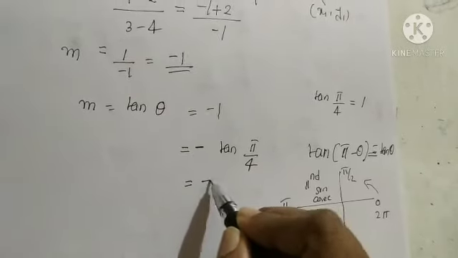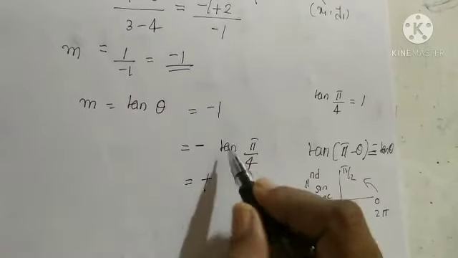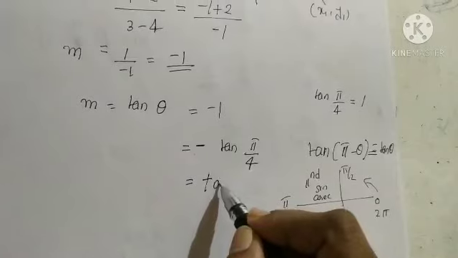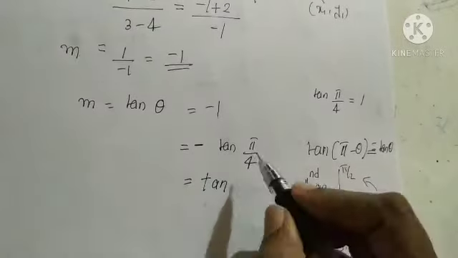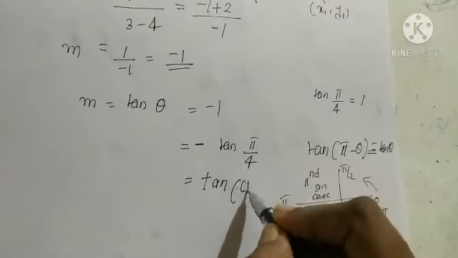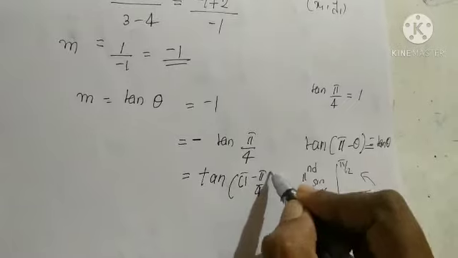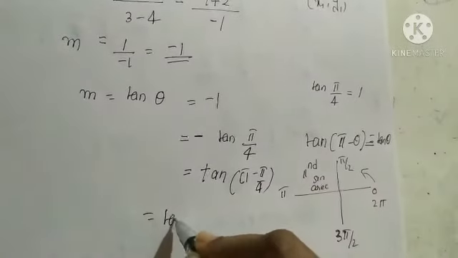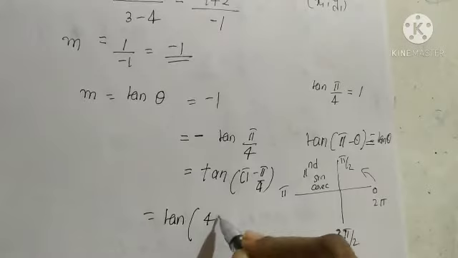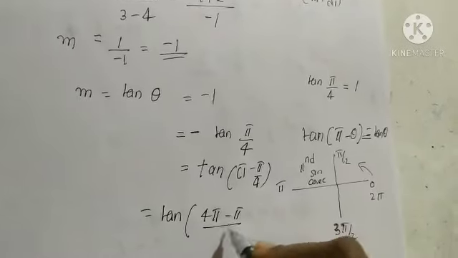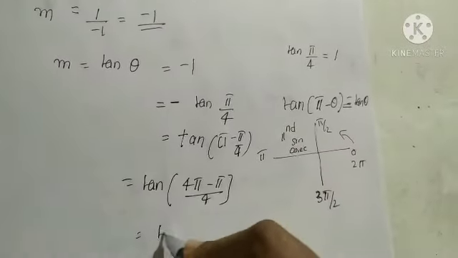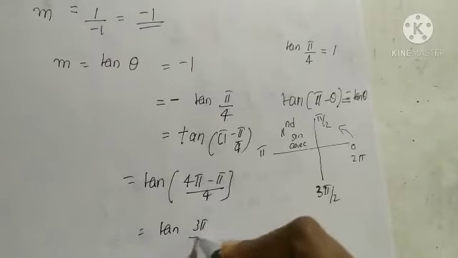So here, this minus tan pi by 4 we can also write as tan pi minus pi by 4, which will be equal to tan 4 pi minus pi by 4, or equal to tan 3 pi by 4.